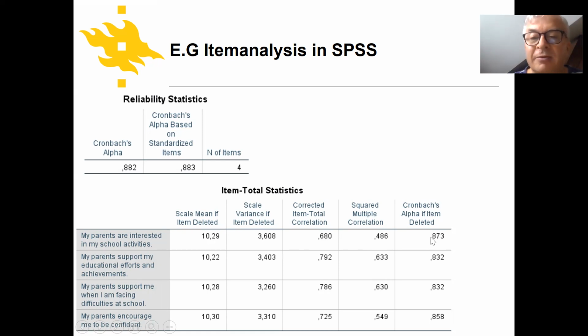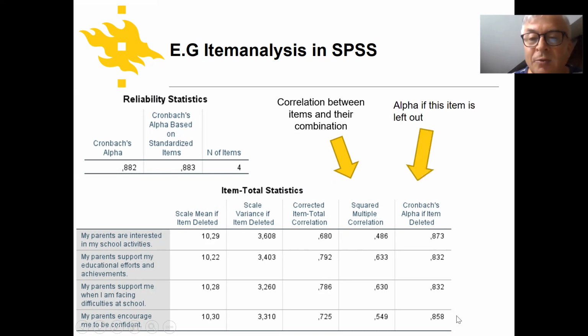Would the Cronbach's alpha become better or worse? And if you start out here with the Cronbach's alpha of 0.882, then it's fairly clear that you actually end up with a worse set of items, a worse test, if you leave out one of these items.